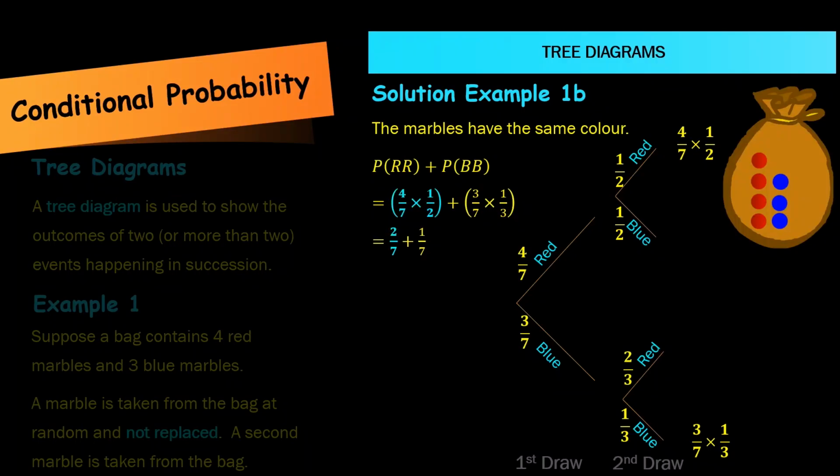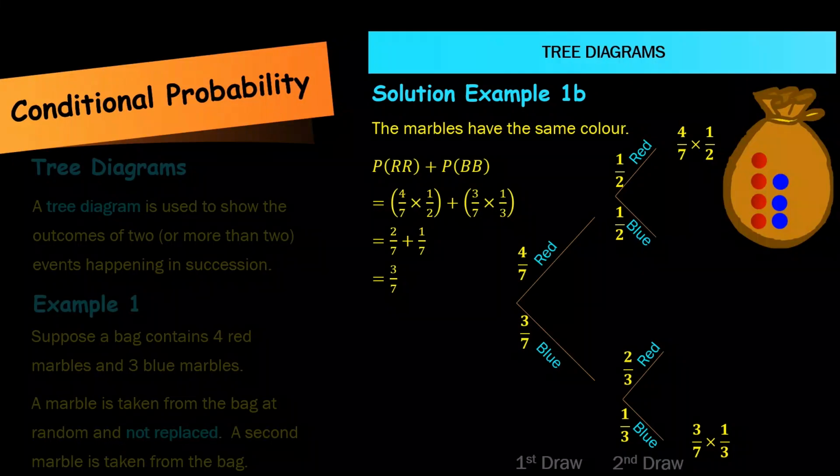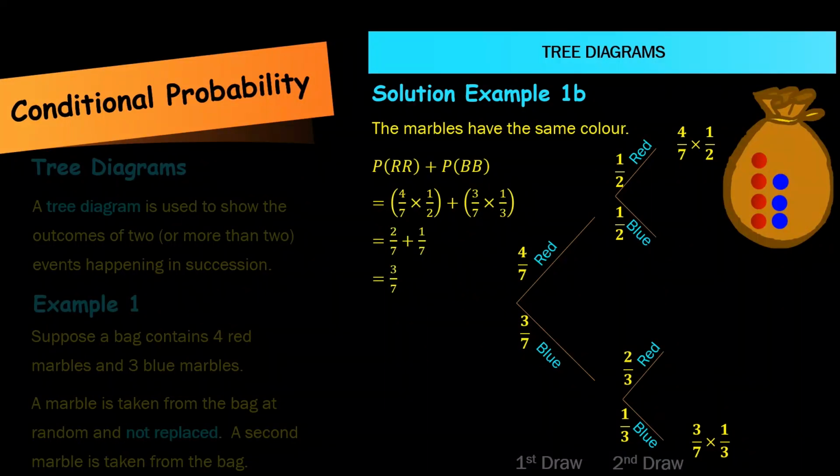Giving us 2 out of 7 plus 1 out of 7, which equals 3 out of 7. And this is the probability that the marbles have the same colour.